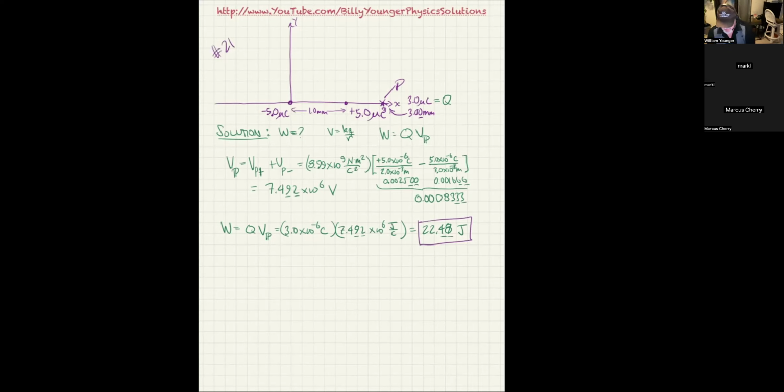Remember with the voltage formula, unlike the electric field and the electric force, where I told you don't use the charges, in this equation it's really critical that you use the charges, the positive and negative signs, in addition to the numbers. So definitely make sure you check that out.